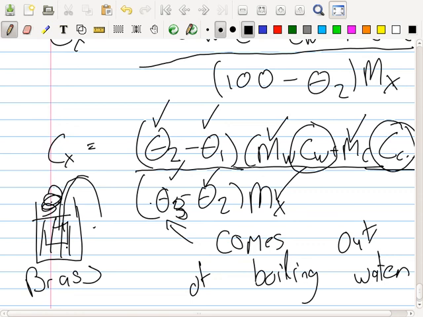What's wrong with brass? Brass is a material. We'll use brass to measure the specific heat capacity of brass. Okay. Right, that's heat.